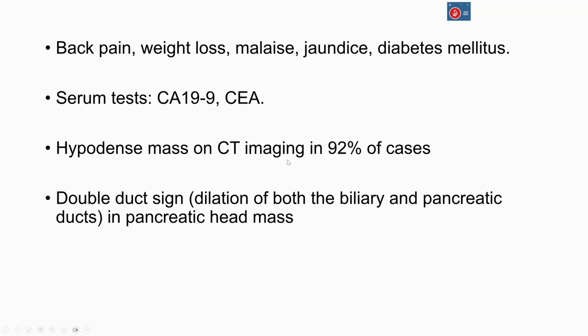CT gives us very useful information, whether it's benign or malignant, and it's sensitive in about 92 to 95% of cases. Double duct sign is very characteristic for pancreatic ductal adenocarcinoma, in which you can see dilatation of both biliary and pancreatic ducts.